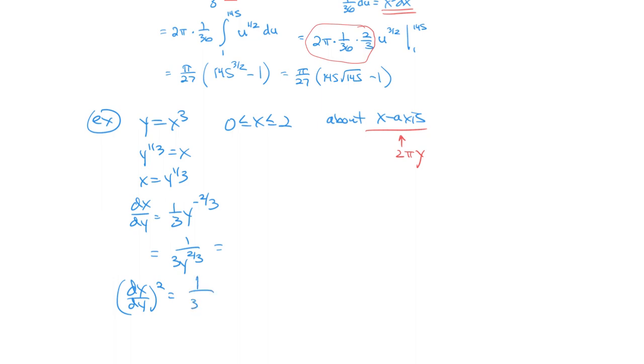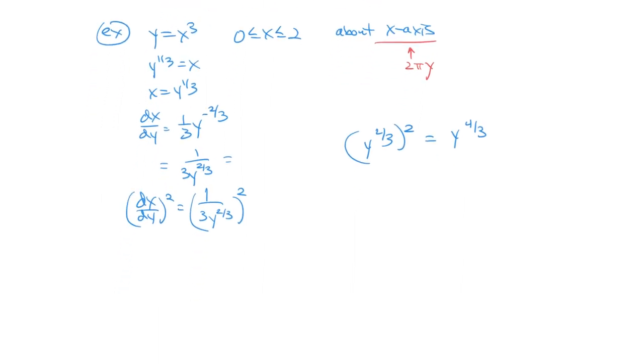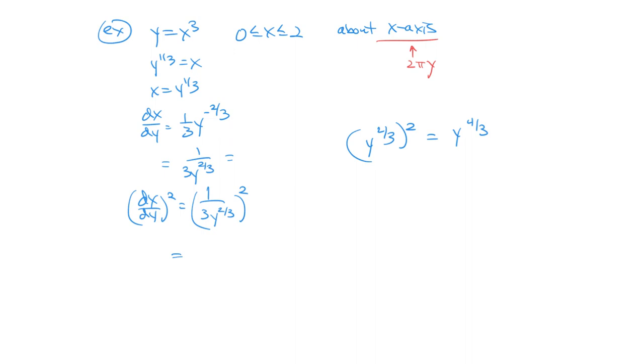Let me just write it like this: 1 over 3y to the 2/3, squared. When we square this, we square the 1 and we get 1, and then we square both of these. So 3 squared is 9. Y to the 2/3 squared, where we multiply these numbers, gives us y to the 4/3, right? So when we square this, we're going to get 1 over 9y to the 4/3.